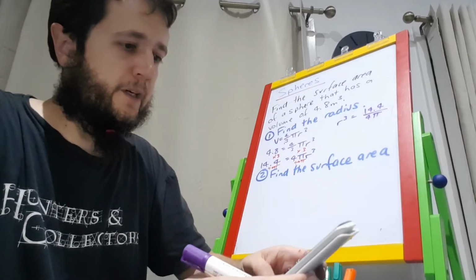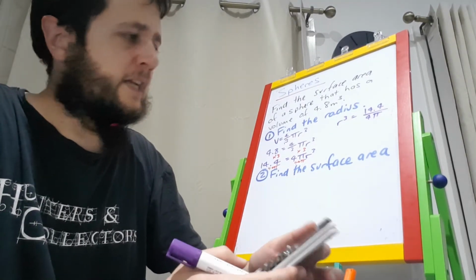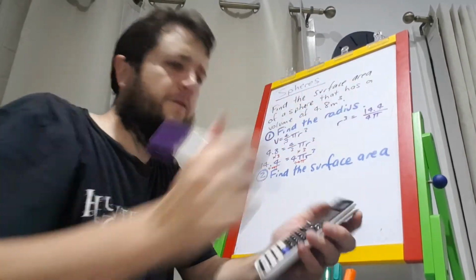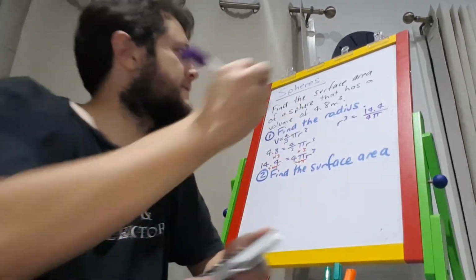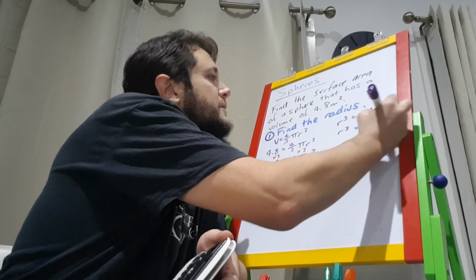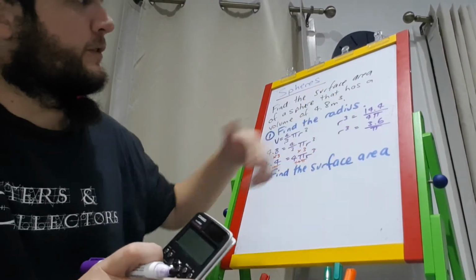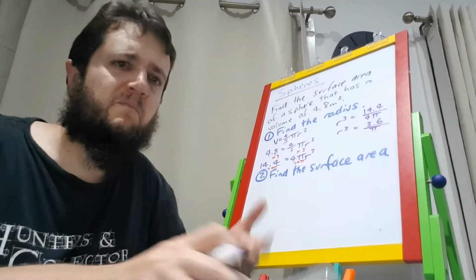Maybe we can simplify that, 14.4 divided by 4. Yeah, 14.4 divided by 4 will just give you 3.6. So I just did 14.4 divided by 4 to clean that up.